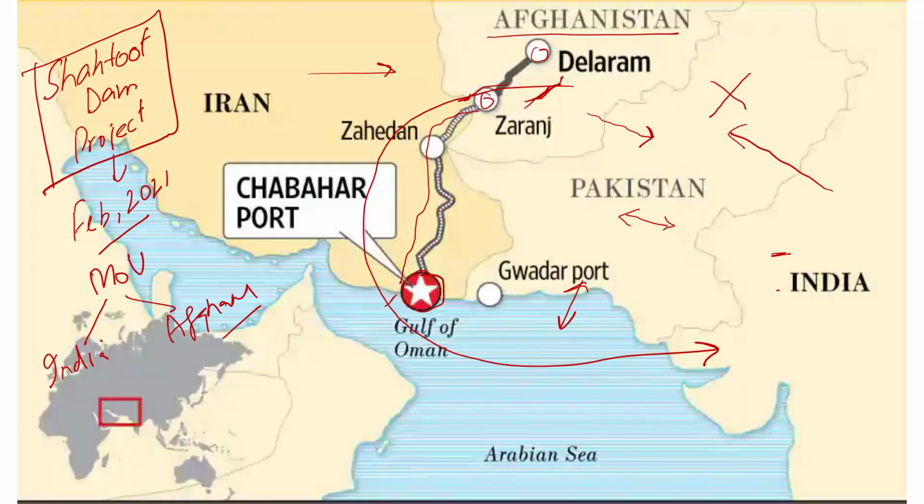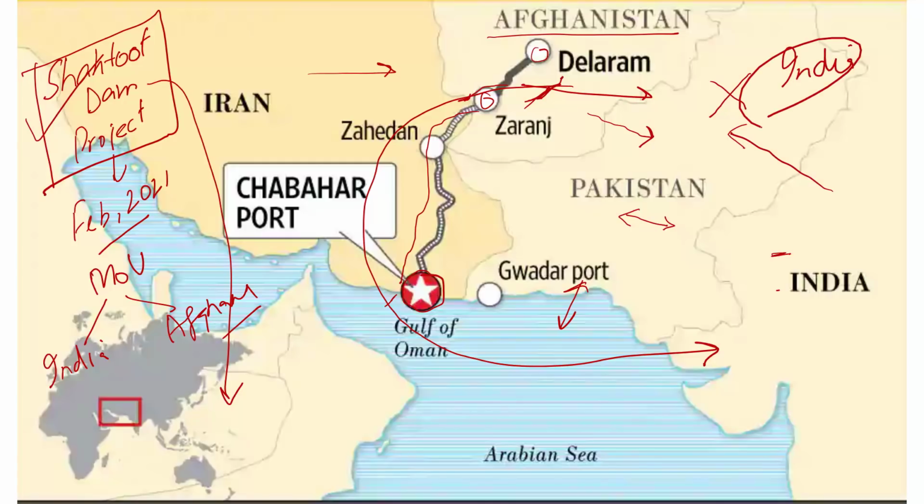Because of this dam project, more Kabul river waters will stop in Afghanistan, thereby reducing the amount of water which will flow downstream to Pakistan. That is why this Shahtut Dam project is also very important. And the construction of the Zaranj Dilaram Road was financed and completed by India. That is why we have vital interest in Afghanistan.